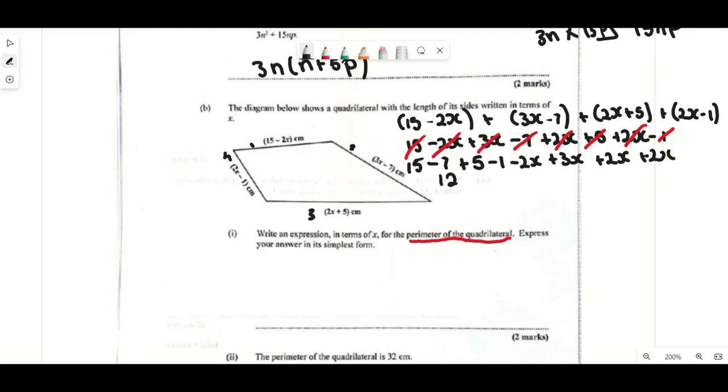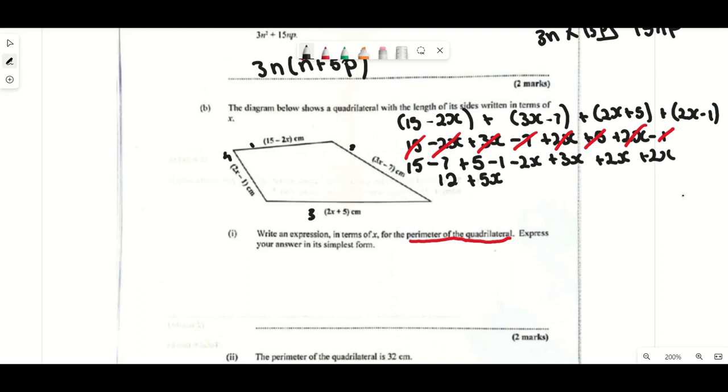So with all the numbers by themselves, that is 12. And although your calculator cannot put x, you can use the coefficients to find the answer. So you'll put negative 2 plus 3 plus 2 plus 2, and that would be 5. So you know it would be 12 plus 5x.